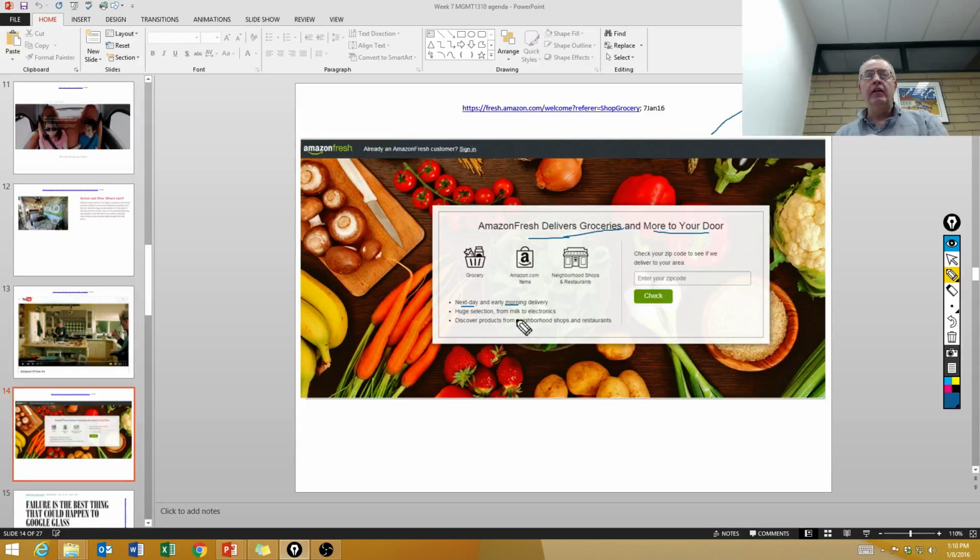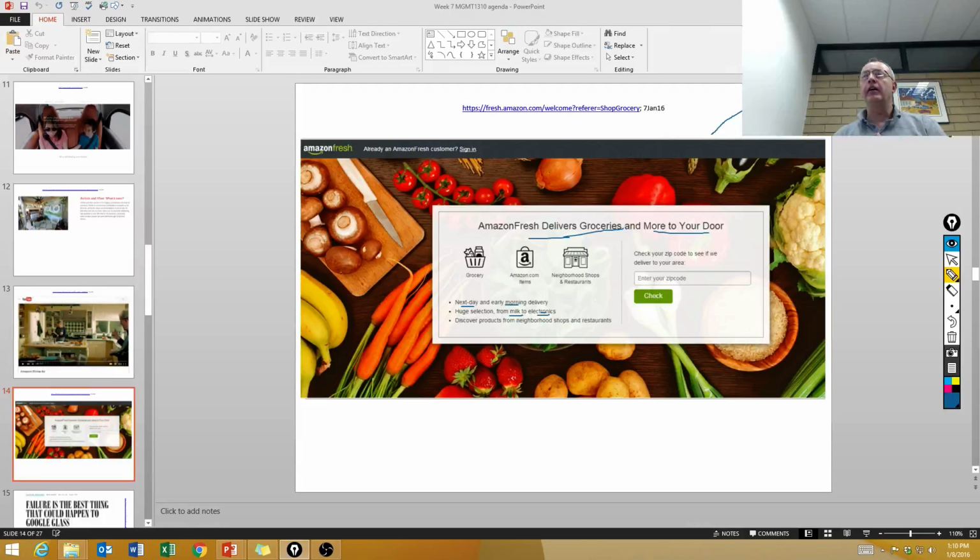Okay, and it's fresh food. It's not just canned food. So they have milk and electronics. Well, I guess that's not really food, but anyways, it seems to me that Amazon getting into the food delivery business, they're kind of extending their online shopping experience from books and music and clothing into food. I think that would be a service line extension.